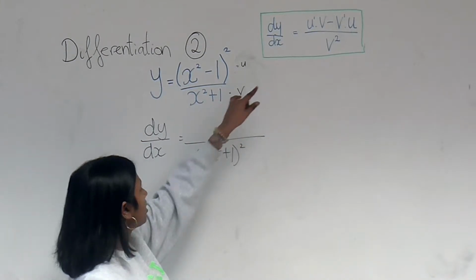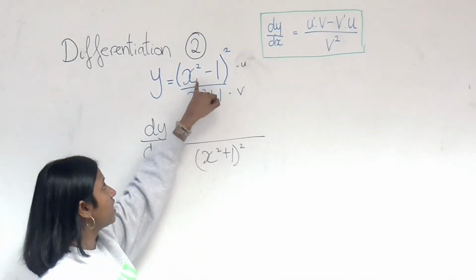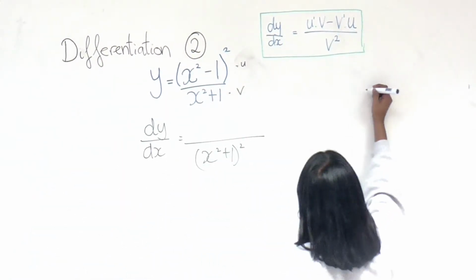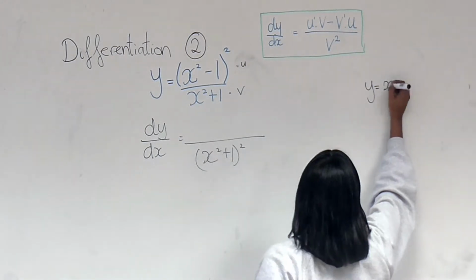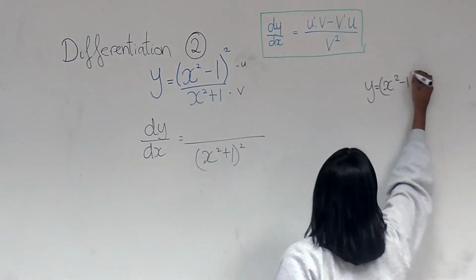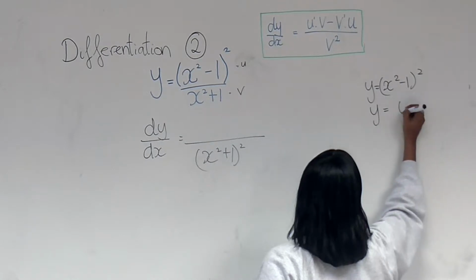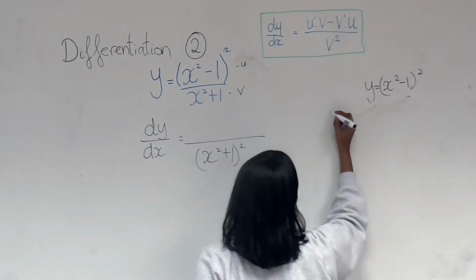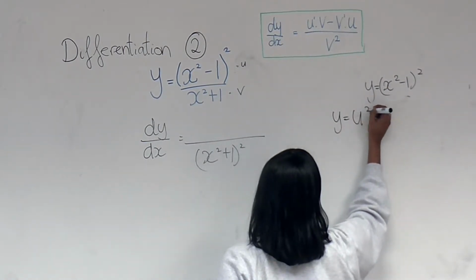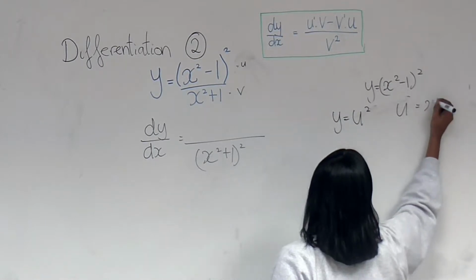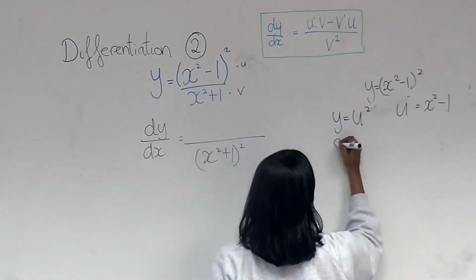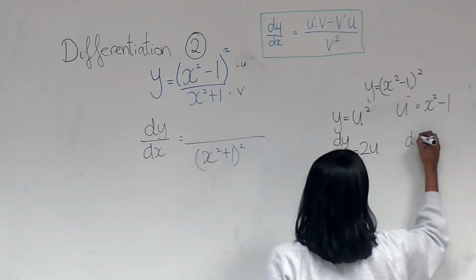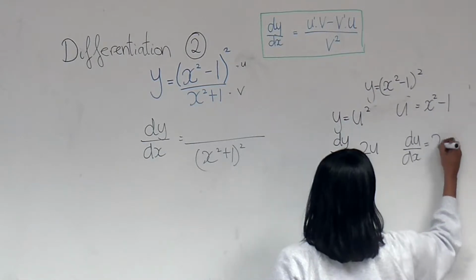Now if we need to get the differentiation of your u, you can see that this is a function within a function, so again we have to apply the chain rule, and I will show you how to do that. So if y equals x squared minus 1 whole thing squared, you can rewrite this as y equals u squared, and u equals x squared minus 1, and then you differentiate it separately, so dy by du, which is 2u, and du by dx, which is 2x.